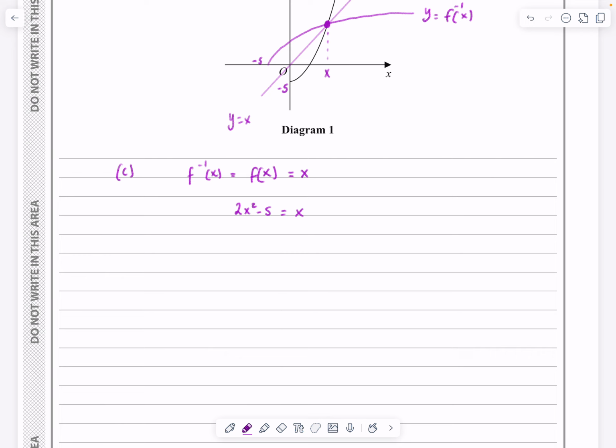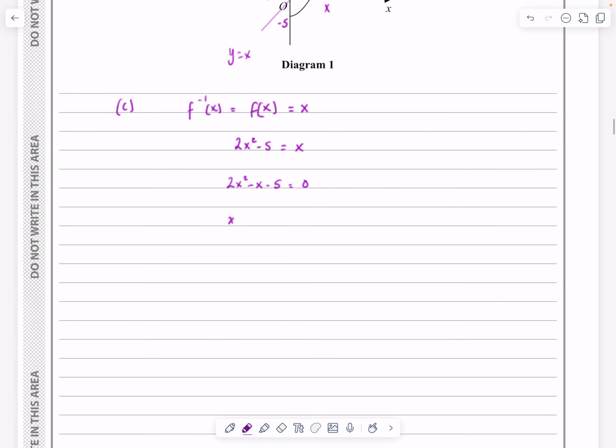If we're solving that, that's 2x squared minus x minus 5 equals 0, which is going to give me x equals, it doesn't factorize, so put it into the quadratic formula, minus b, which is 1, plus or minus the square root of b squared minus 4ac, which is minus 4 times 2, luckily times minus 5 there, all over 2a, so all over 4.